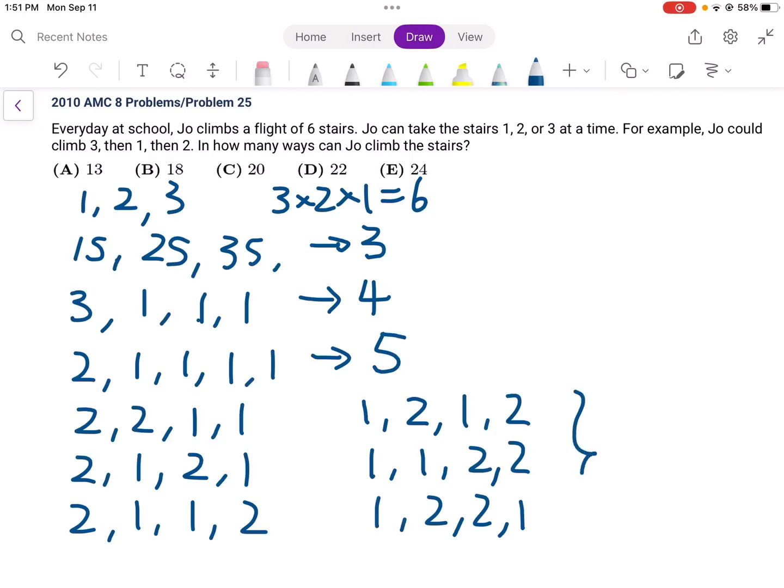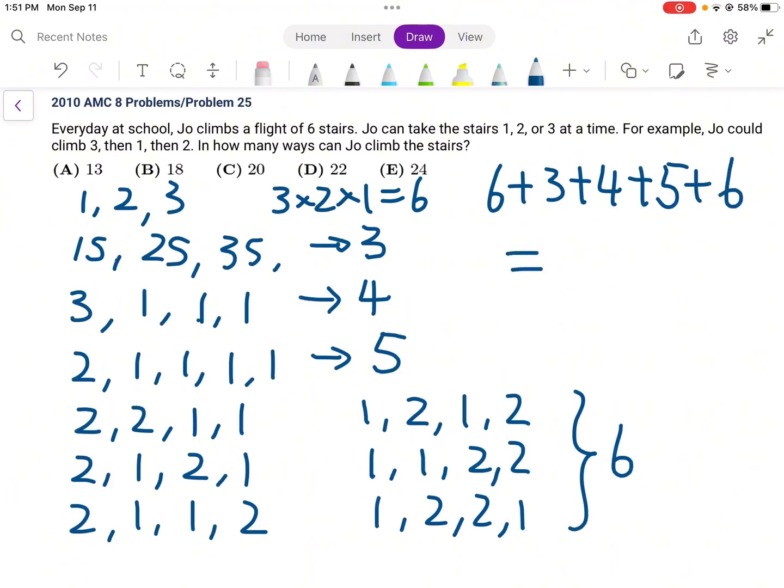And these are 6 combinations in total, and there's no other ways of climbing the stairs. So we sum this up. That's 6 plus 3 plus 4 plus 5 plus 6, and it equals 24 in total. The answer is E.